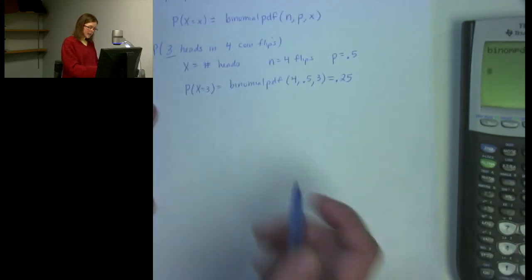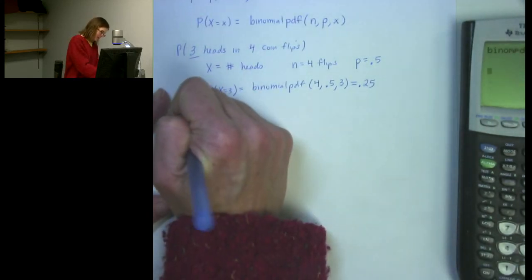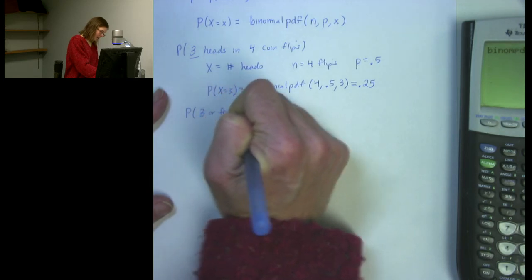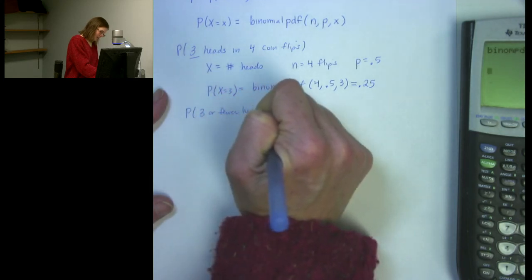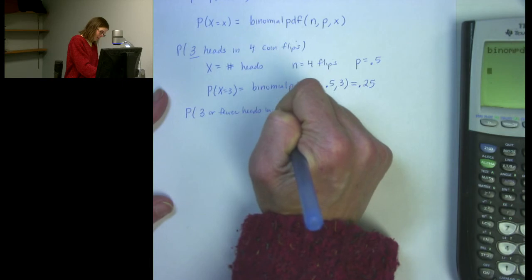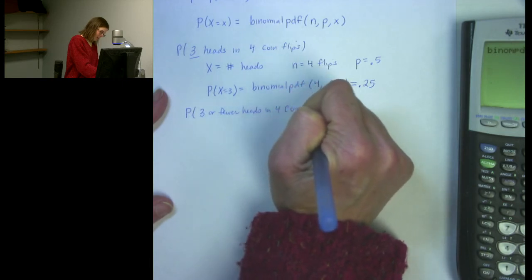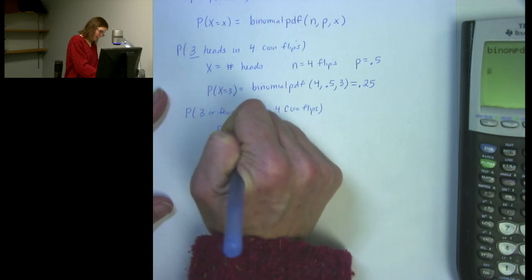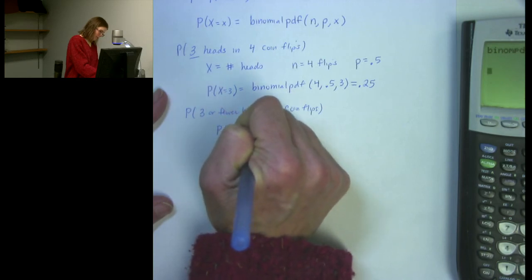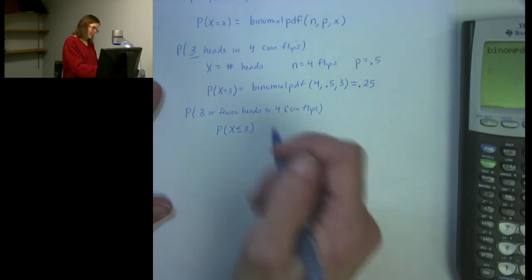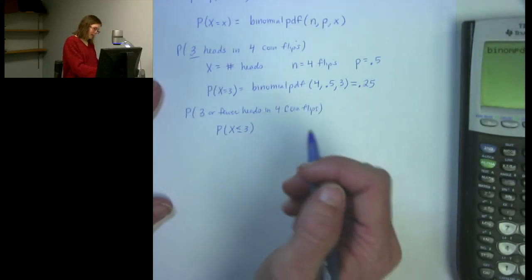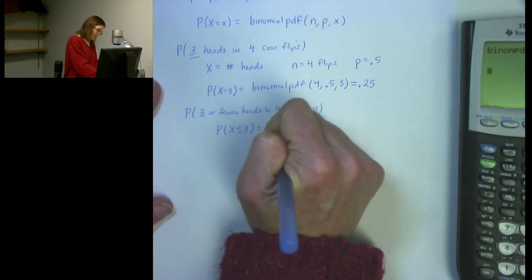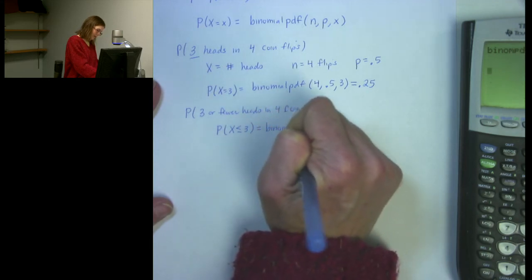If instead I wanted to find the probability of 3 or fewer heads in 4 coin flips, I'd be calculating the probability that x is less than or equal to 3. To do this, I can use the binomial CDF. Cumulative is what the C is for.